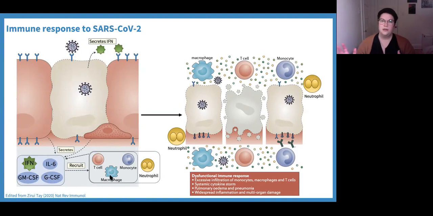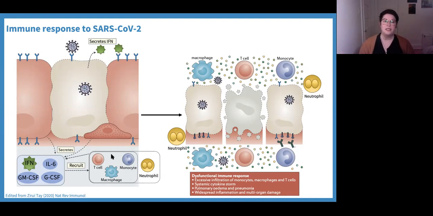You mount an innate immune response that can include neutrophils if things get really haywire, but really rests upon monocytes and particularly macrophages that are phagocytes. And then you have antigen that's presented in your lymph nodes that then prime CD8 positive T cells to come and destroy infected cells. In people who are asymptomatic or have mild responses, this all works quite well.